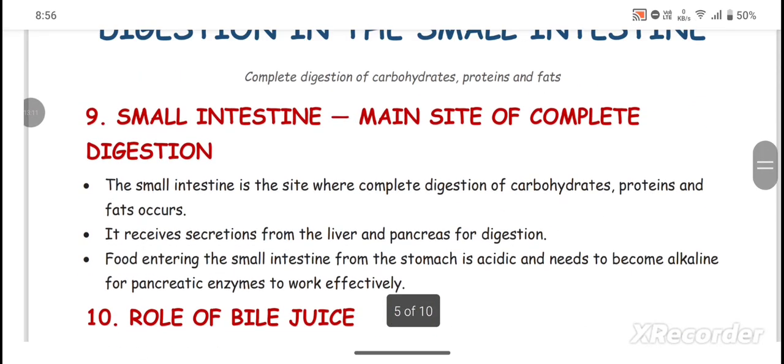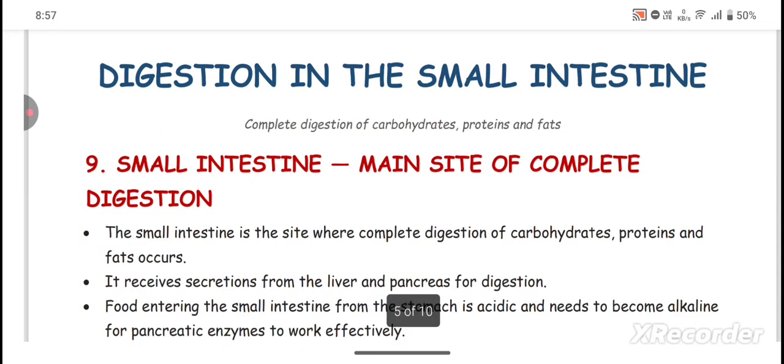So let's understand digestion in the small intestine. Digestion in the small intestine happens when the food from the stomach is transferred to the small intestine. How does the food from the stomach pass into the small intestine? Due to the presence of sphincter muscles.